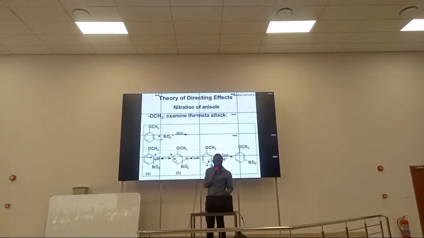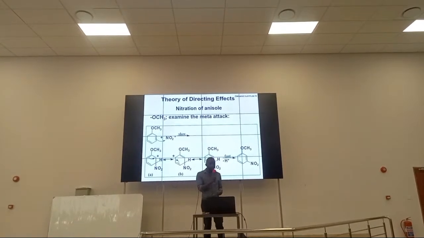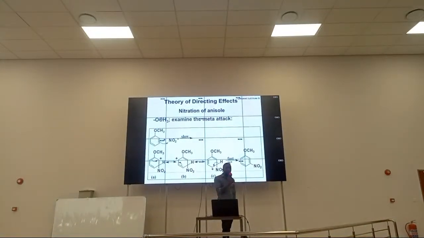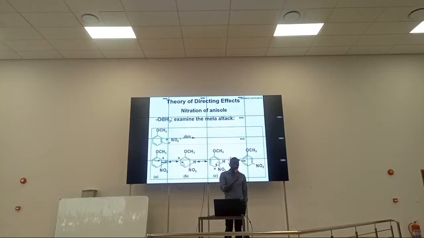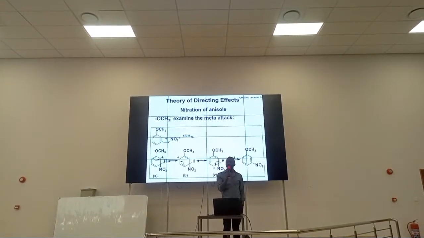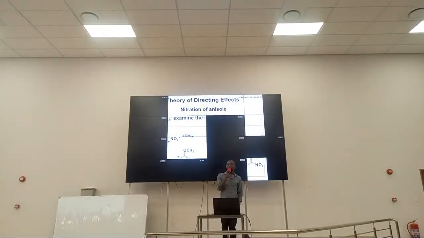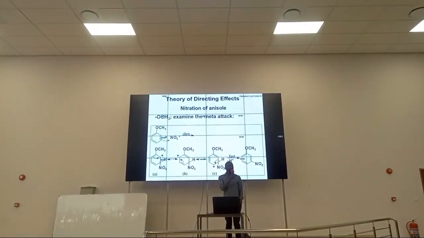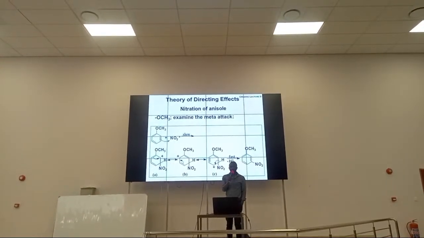So let's look at the ortho-para directors. The methoxy itself is an ortho-para director, meaning when methoxy is already present in a benzene ring and we react that benzene ring with a nitro electrophile, the predominant products we are going to get are the ones where the nitro attacks the ortho and also the para.